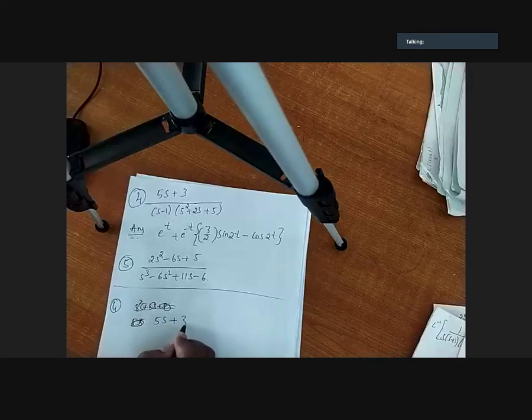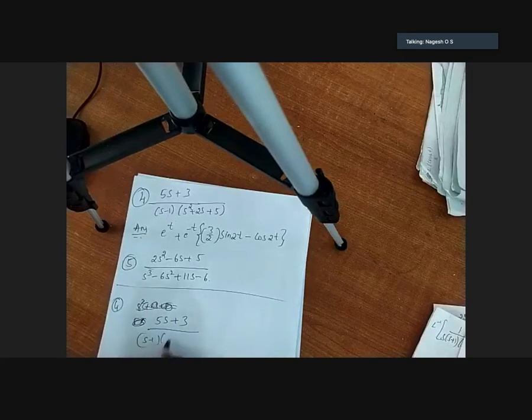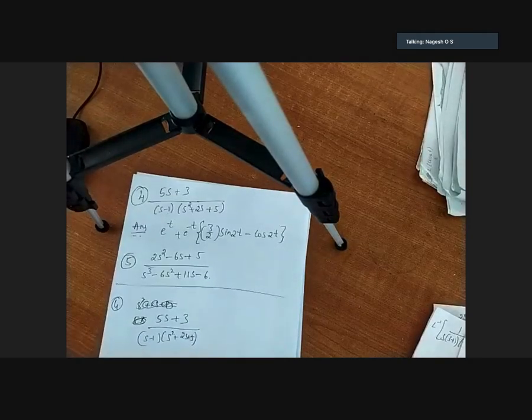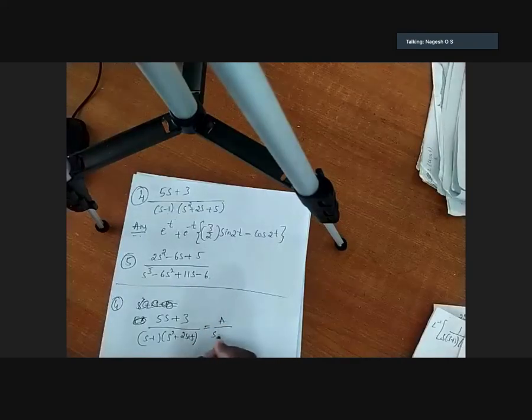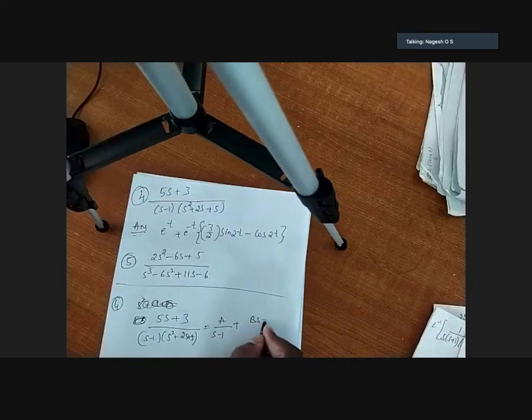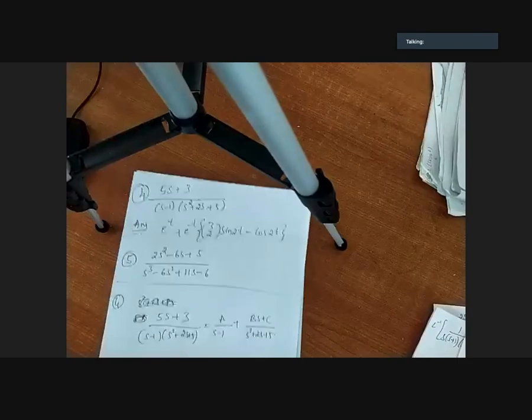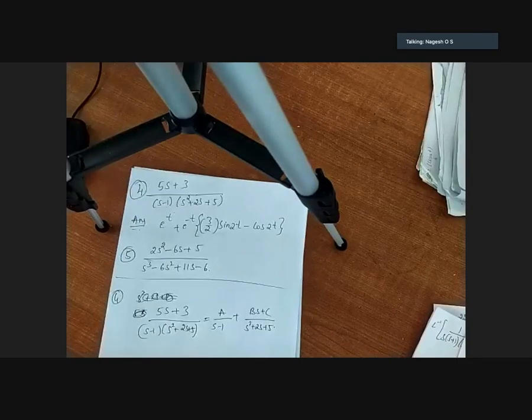So 5s plus 3 divided by s minus 1, s square plus 2s plus 5 is equal to A by s minus 1 plus Bs plus C divided by s square plus 2s plus 5. Like this you have to write. Then find out A, B, C values.